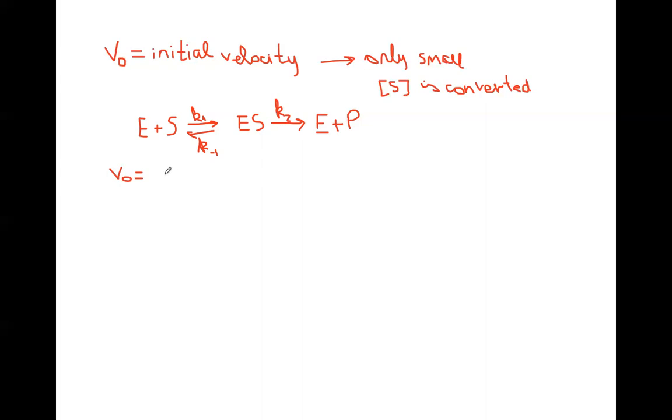So the reaction rate will be equal to the reaction constant, from what we know from kinetics, times the concentration of the enzyme substrate complex. So this is the beginning of our equation for the reaction rate. That's how we're going to measure it. So here we don't really know either of these, right?